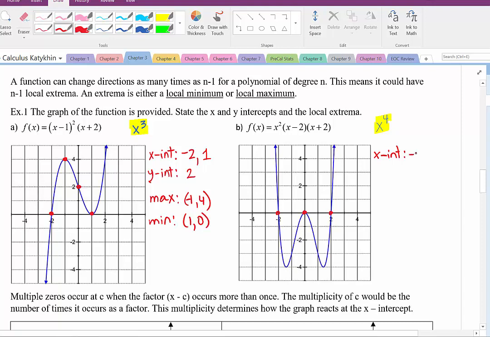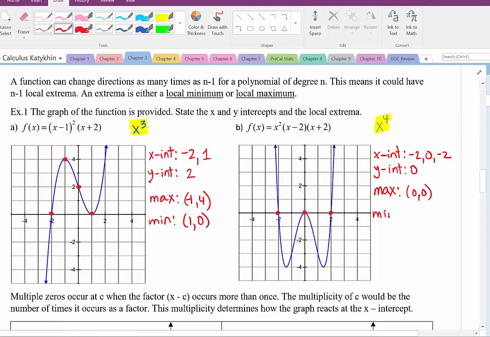That would be -2, 0, and 2. Now my y-intercept is only at 0. That's the only location where it crosses the y-axis. Now I do have one max and two mins, so let's find the max first because that would be easier. That is at 0, 0.